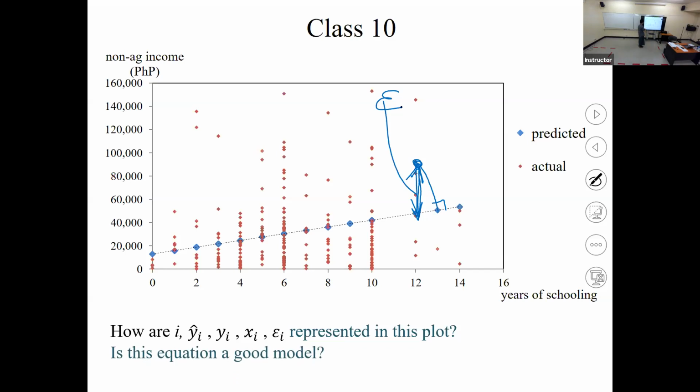Any questions so far? Is this equation a good model? Equation means this line. Is this line a good model to represent the relation between these two variables?